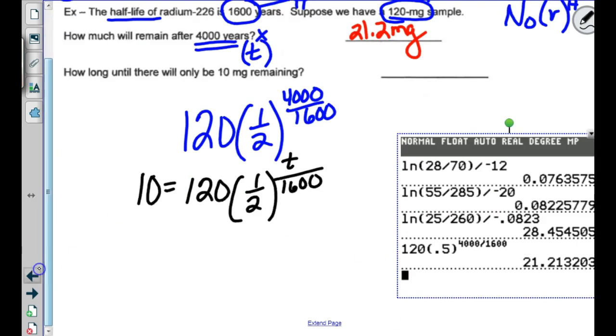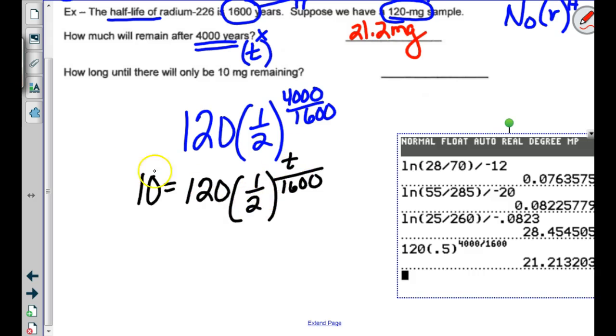This is very much like a quiz question and a final exam question. The only thing is, it says on the quiz, how long until there will be less than 10, and then you have to round differently. But for this one, it says only be 10, so we'll just go with a pretty exact answer here. What do we do first? You can't do 120 times half and get 60. Does everybody understand that?